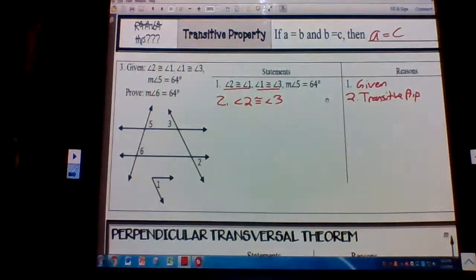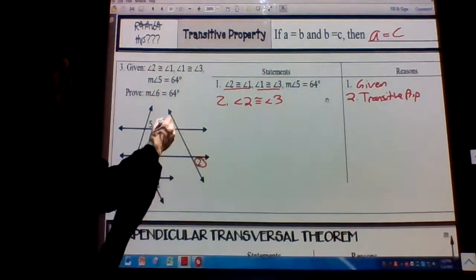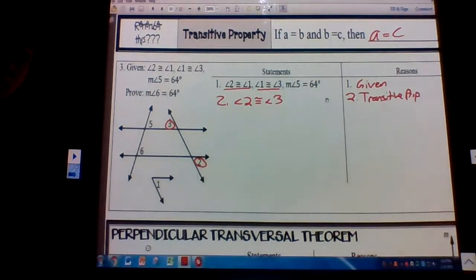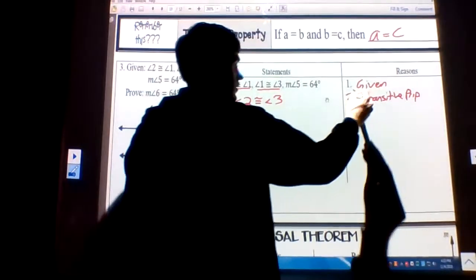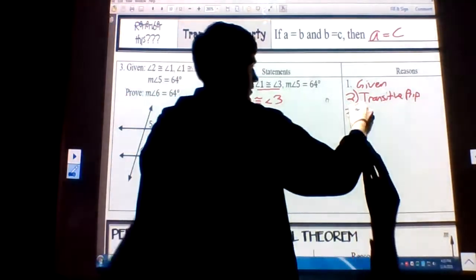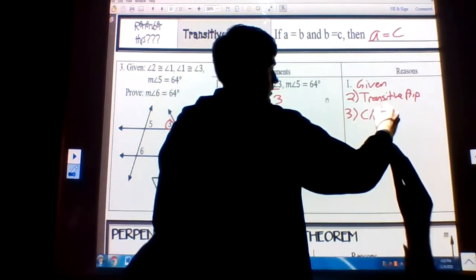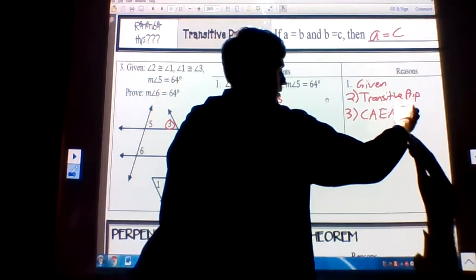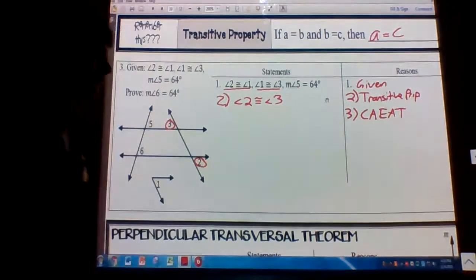Okay. And what do we notice about 2 and 3? Those are alternate exterior angles. And so we can use the converse to the alternate exterior angle theorem. Right?